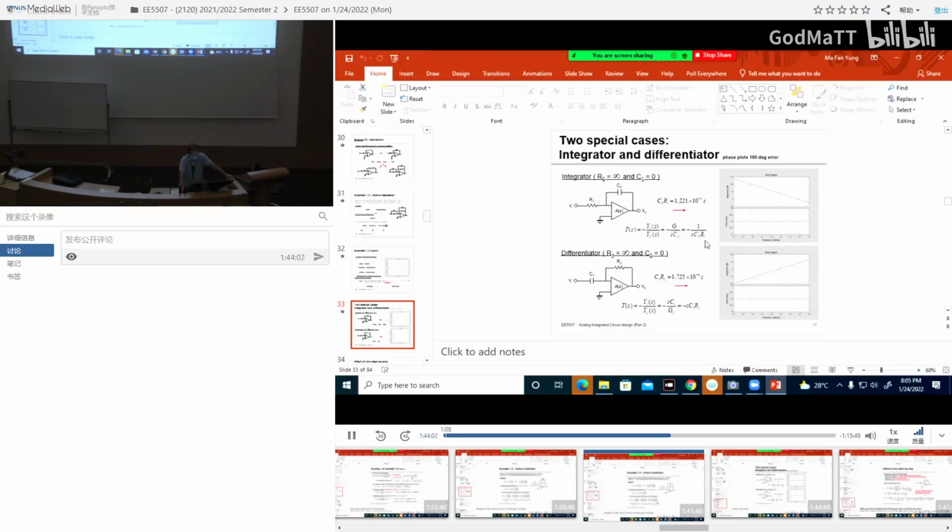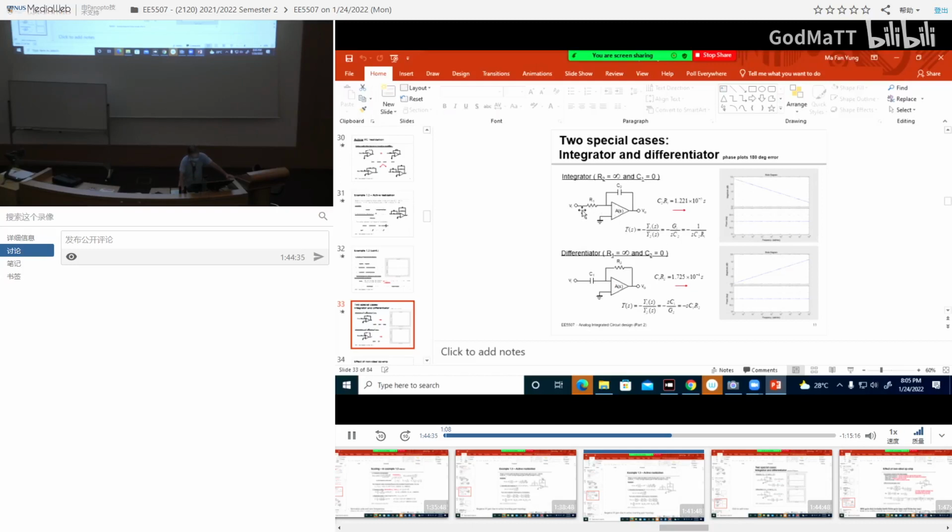It is 1 over SCR, which actually is the integrator. Anything which is 1 over S times something is the integrator. Integrator means it's an integration function, which means that it keeps integrating. Very simple. Look at this. What does this circuit do? Let's assume op-amp ideal.